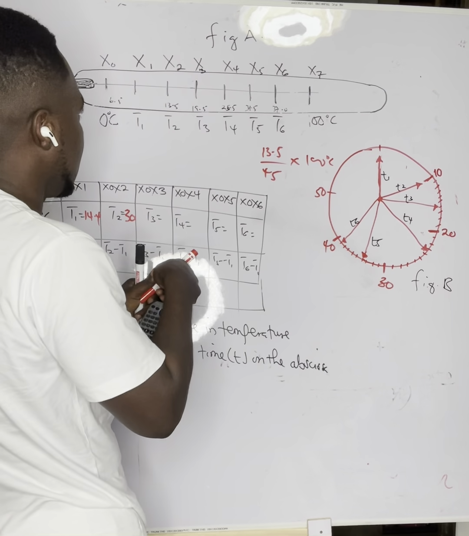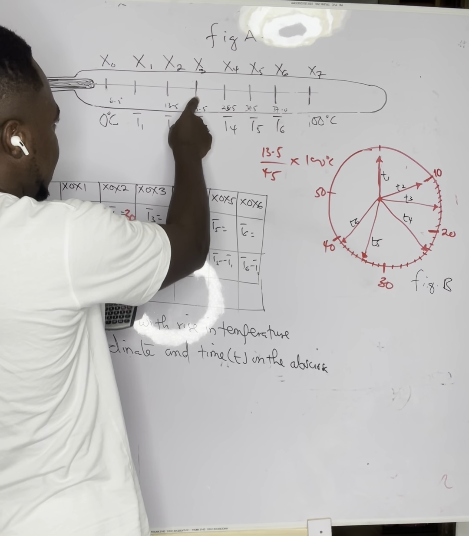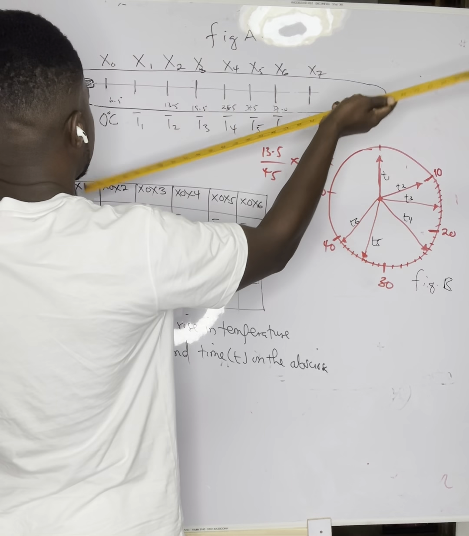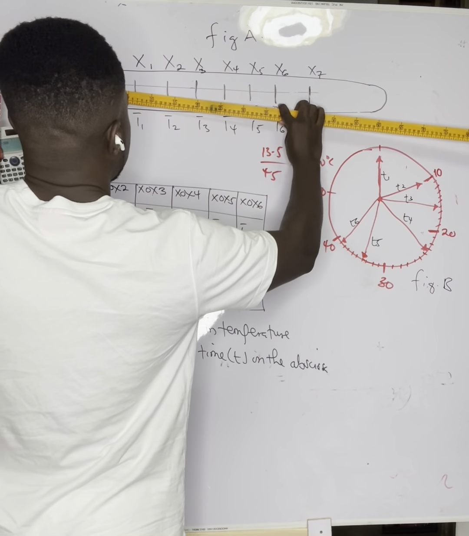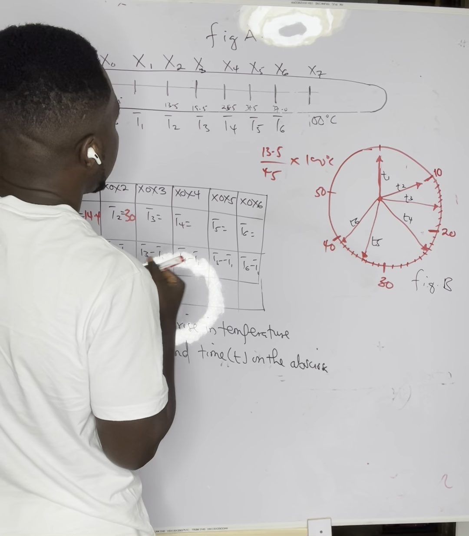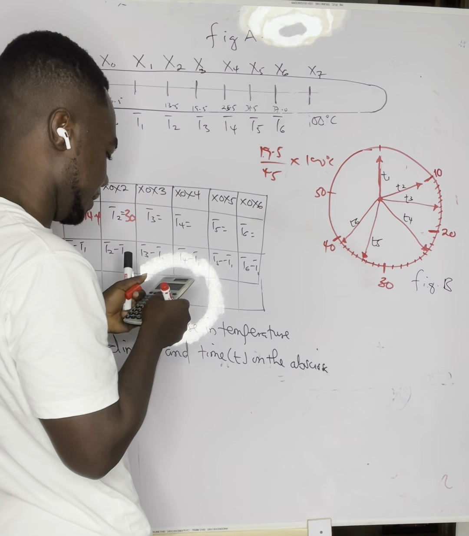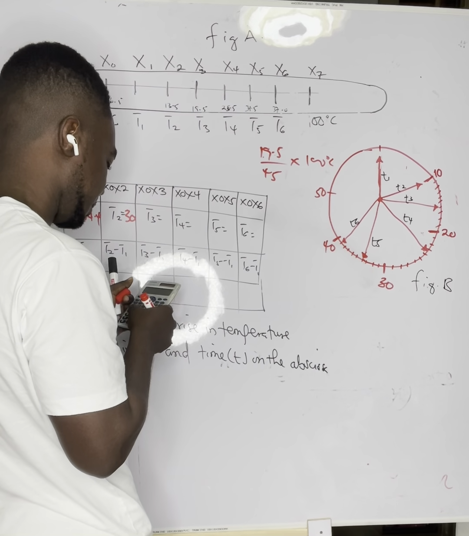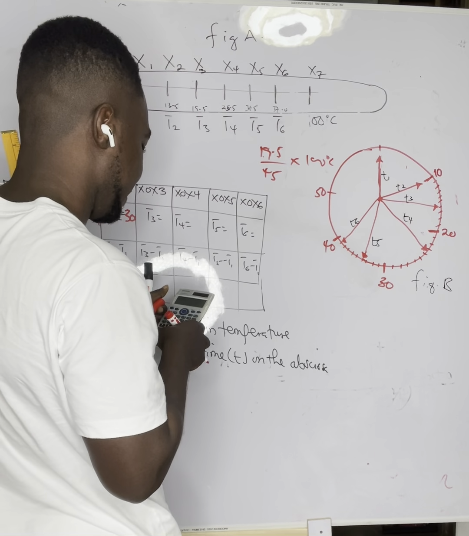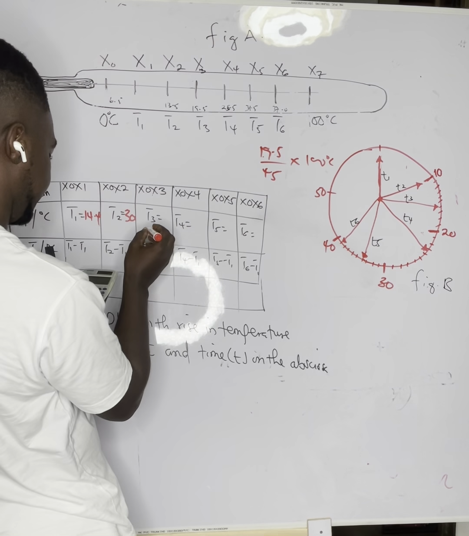You continue from X0 to X3. Put your meter rule on it. After measuring, you get the value 19.5. So 19.5 over 45, multiplied by the upper fixed point, 100 degrees Celsius, will give us 43.3.